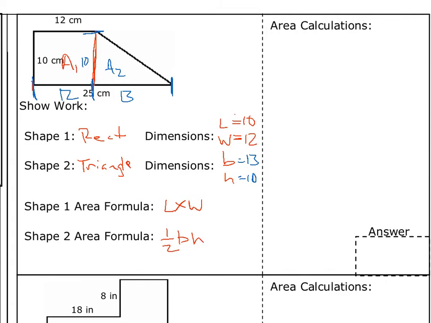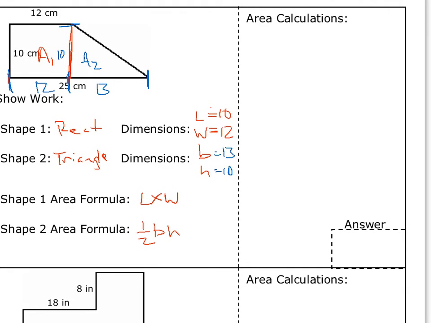So now all I need to do is find the area of my two shapes. The area of the rectangle, area 1, is length times width. We said the length was 10 and the width was 12, which means the area of the rectangle is 120 square centimeters, or centimeters squared. The area of the second shape we said was a triangle.